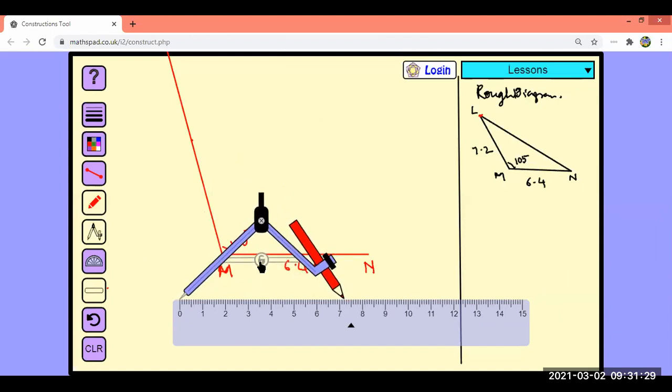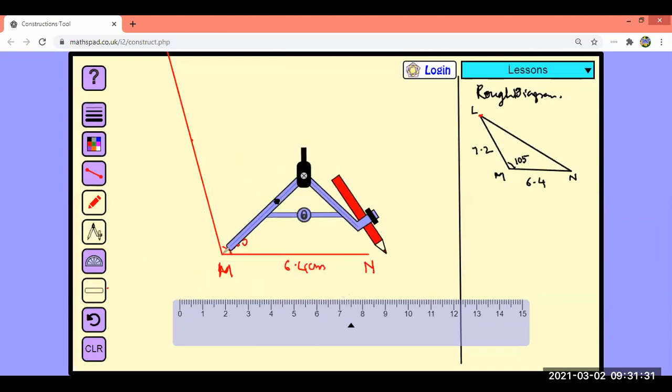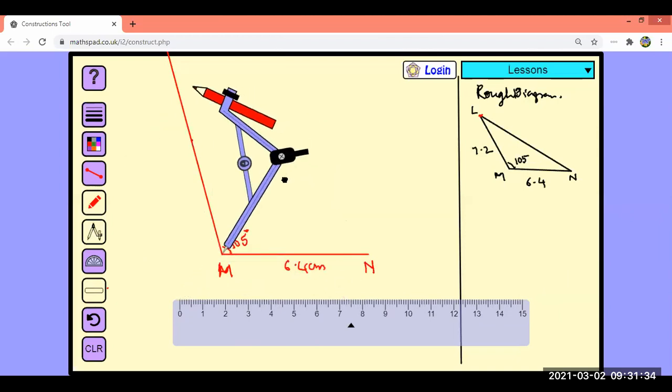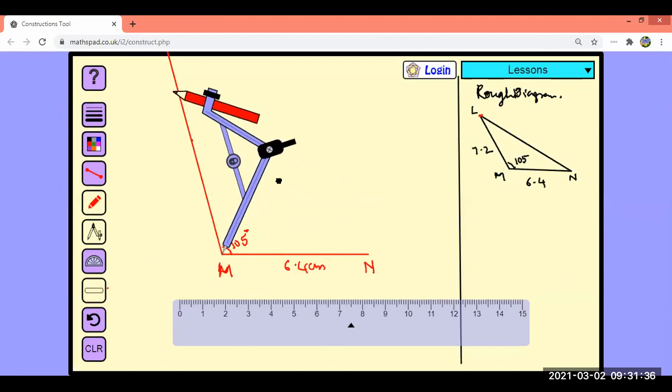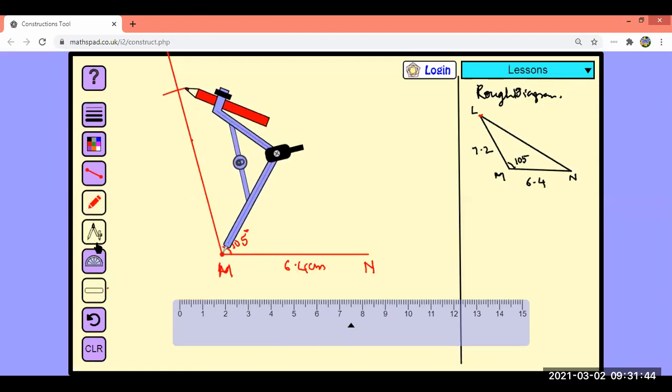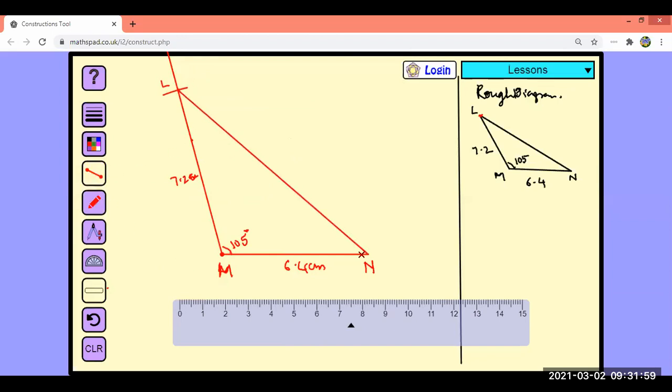Okay, and lock this, and now place the steel point on M, and we are going to draw an arc, right, to get the point L. So draw the arc on that line, which is of 105 degrees, and here drawing the arc will give us the point L. So here we have got this point, which is L, and this distance is 7.2 centimeters, correct? And now what will be the next step? We join this line to complete the triangle.